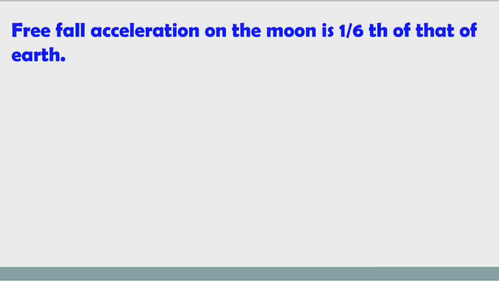Free fall acceleration on the moon is 1 by 6th of that of the earth. Similarly, the weight of an object on the moon is 1 by 6th of that on the earth. Students, all of you make notes, prepare well. We will continue in the next class.